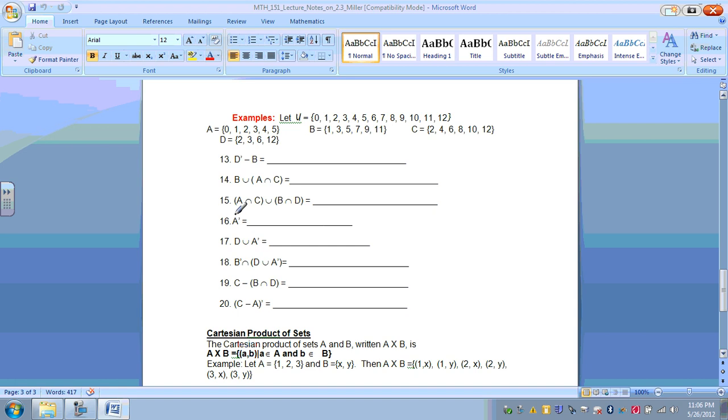So A and C would have the numbers 2 and the number 4. Those are the numbers that A and C have in common. B and D, what do those have in common? They have the number 3, and that's it. So then when I join those two sets together, I have the set 2, 3, and 4.